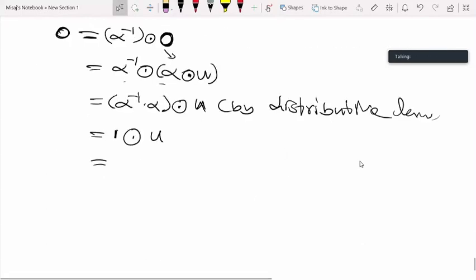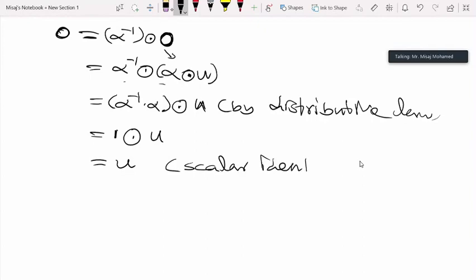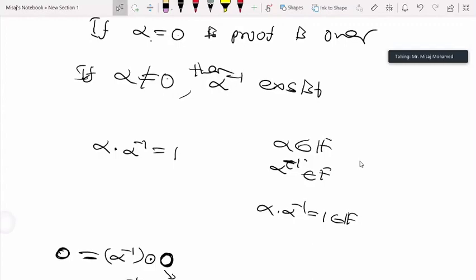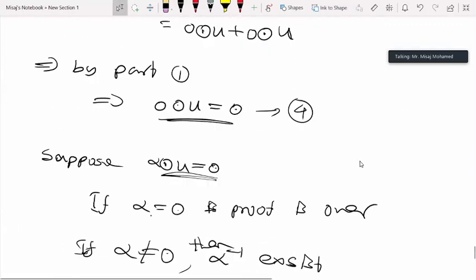So this becomes u, the scalar identity. So that implies that vector u is 0. So if either alpha is 0 or u is 0, this is the proof.